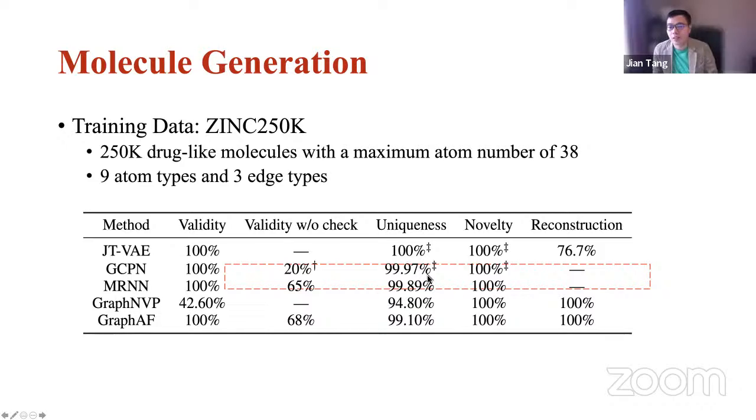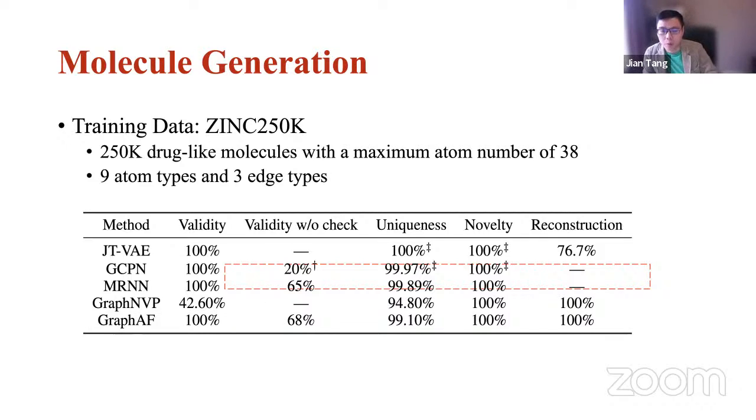Oh, unique is just if you compare the molecules, right? If their atoms and bonds are different from each other, then they are a different molecule. So it's not the whole structure you're comparing, you're comparing only the graph.